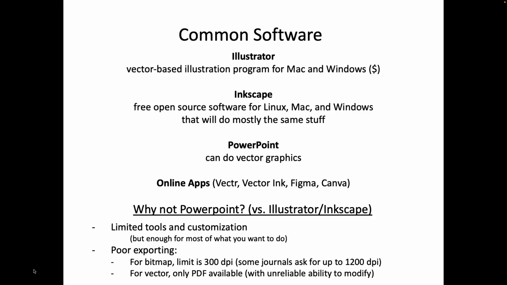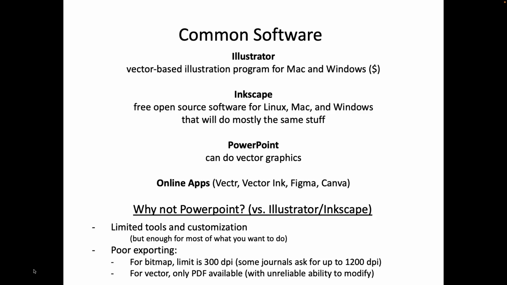And then an important one is that, and this goes back a little bit to your question, exporting things from PowerPoint is not as good in terms of the quality of the image. If I'm going to export that circle that I created, which was vector, as a bitmap, my limit is 300 dots per inch. We're not going to get into the details of what dots per inch means, although the name is kind of intuitive.